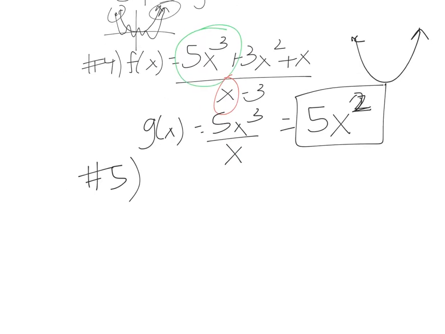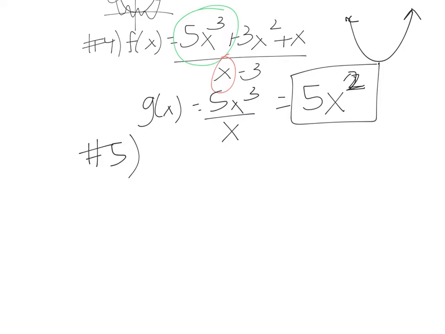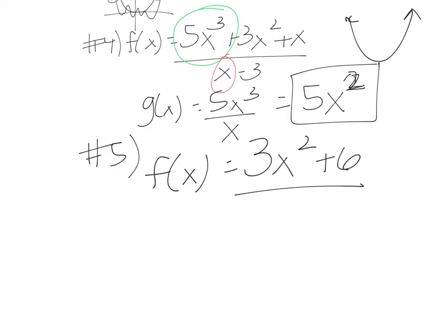Let's try 4 more. Let's do f of x equals 3x squared plus 6 over 2x squared plus 1.